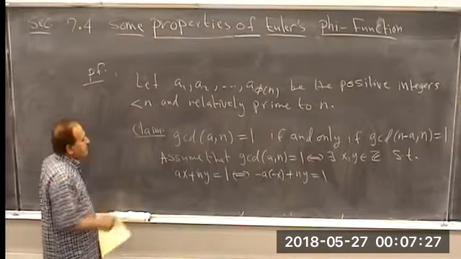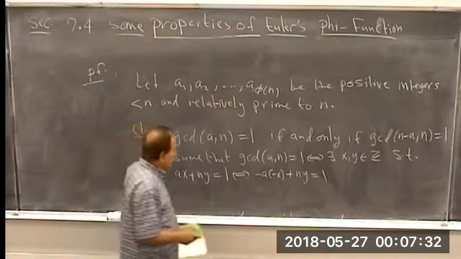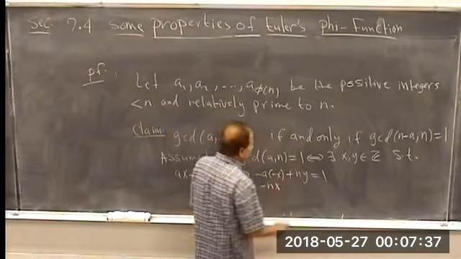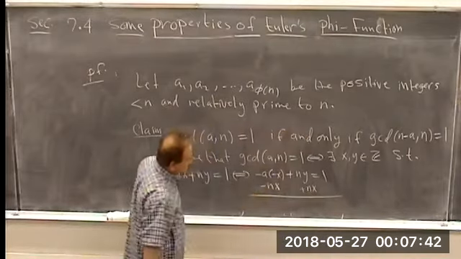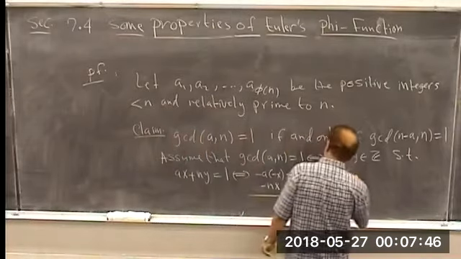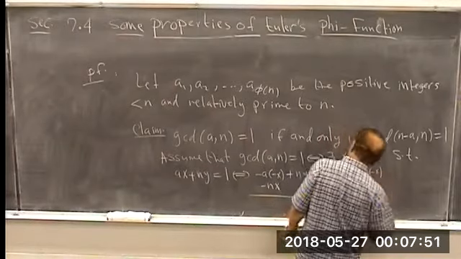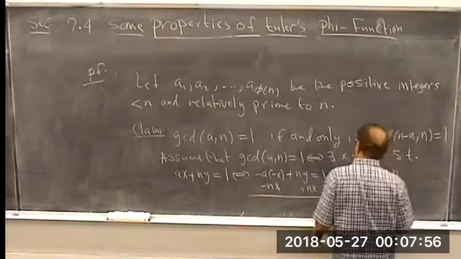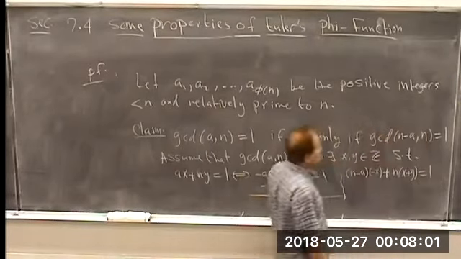I'm going to be adding or subtracting an nx from here, and then adding an nx to the same side. So altogether, we could write this one as n minus a times minus x plus n x plus y is equal to 1.